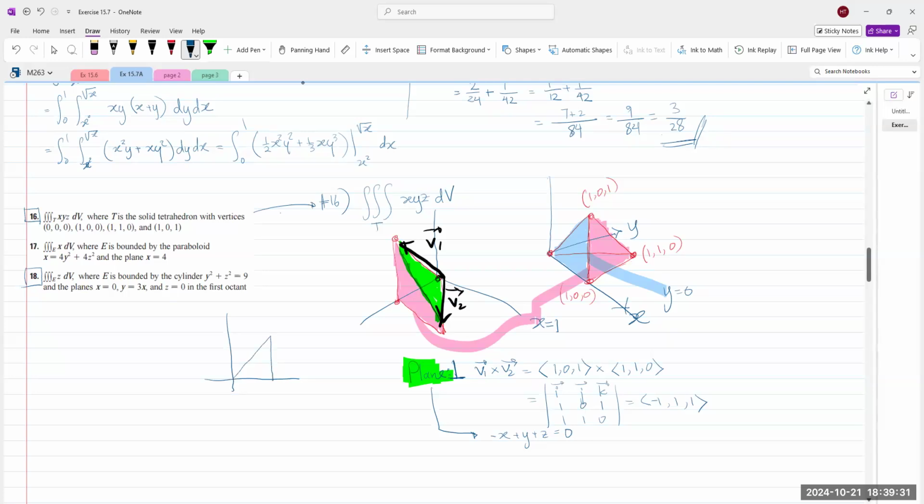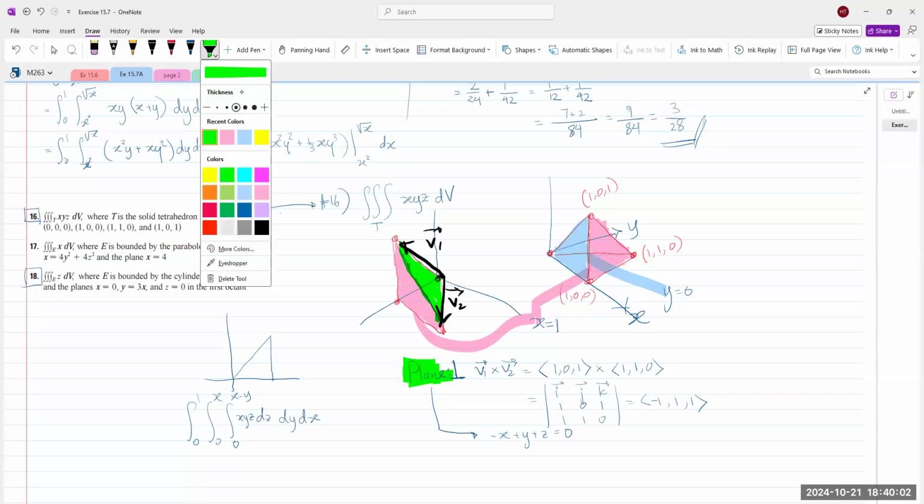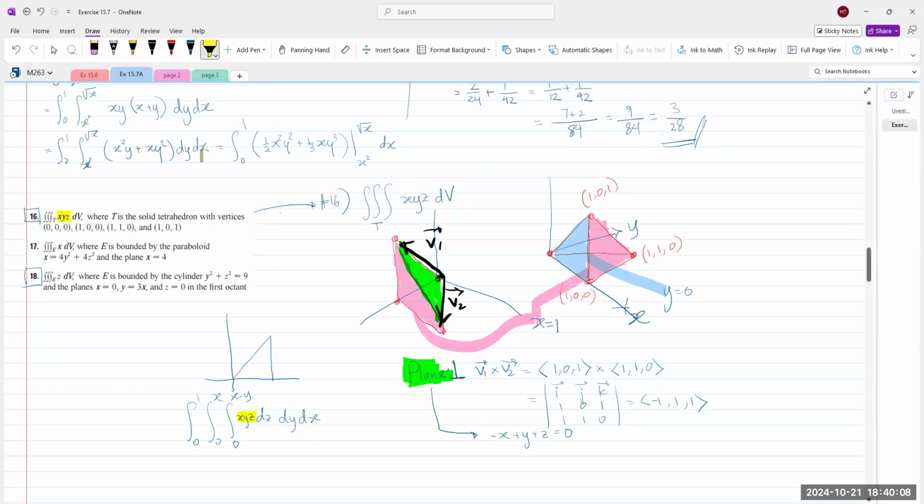The outer two integrals: for dx from 0 to 1, for dy from 0 to x, and for dz from 0 to z equals x minus y. The integrand, I'll use yellow, is xyz.